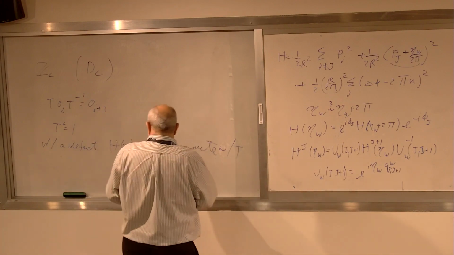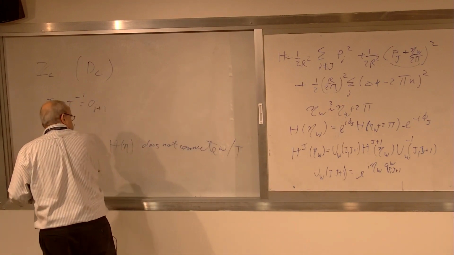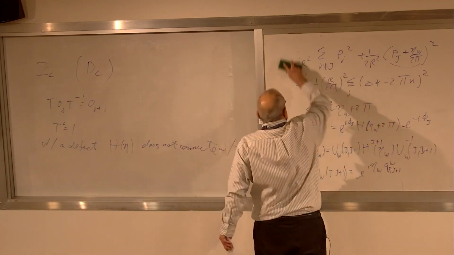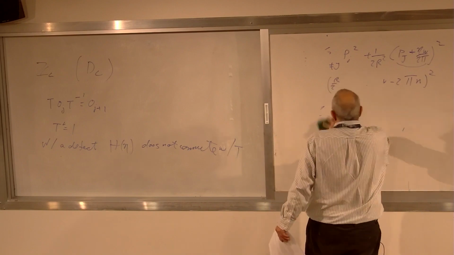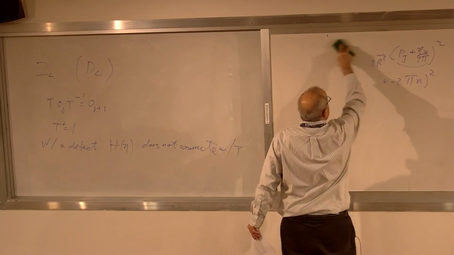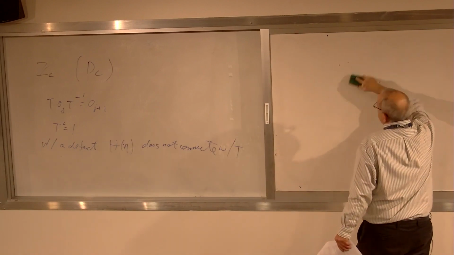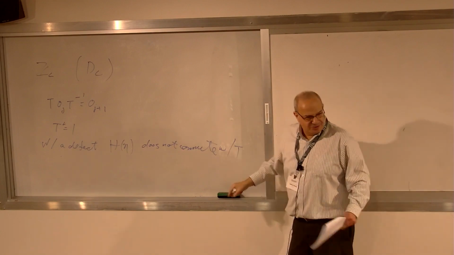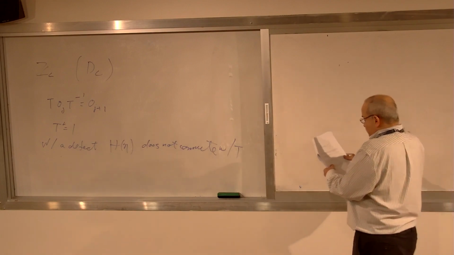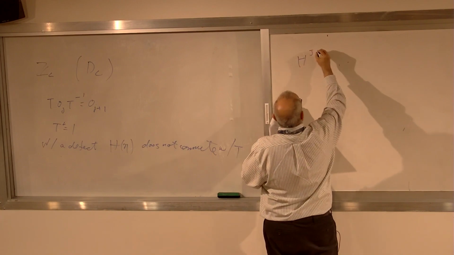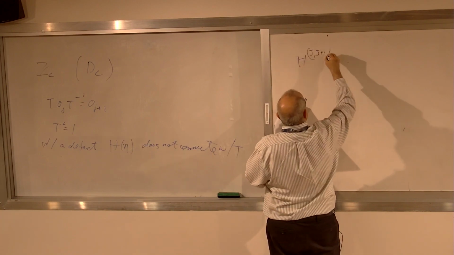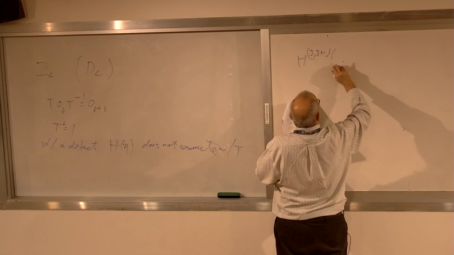So it will be a lot of writing, but I think it's worth doing it. Because, as Nikita anticipated, there will be something funny coming out. So we have a Hamiltonian, which has a defect on the link j plus 1, and another defect at the point j prime.